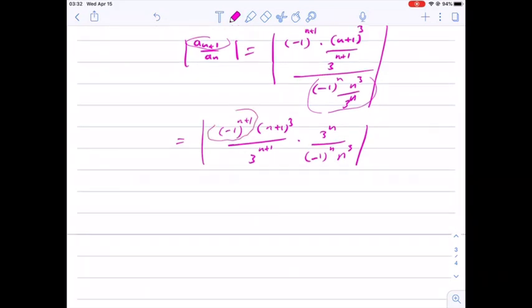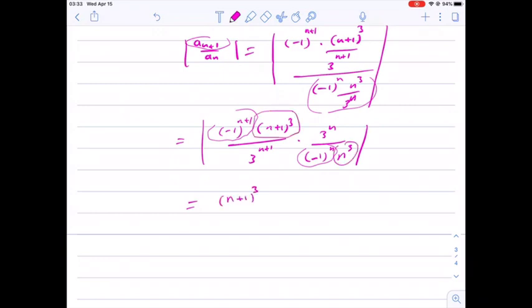Now we can simplify. If we have the absolute value, we don't need the (-1) to the power n+1 or n, because the absolute value is always positive. The negative 1 becomes positive 1.